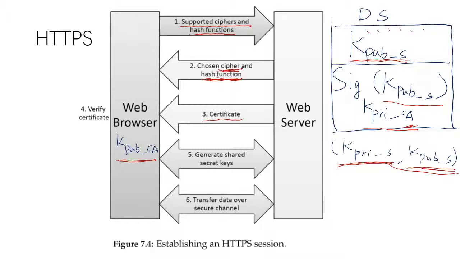So when the web browser receives the digital certificate, since it knows the public key of the CA, it can verify the content inside the digital certificate, especially the public key of the server.